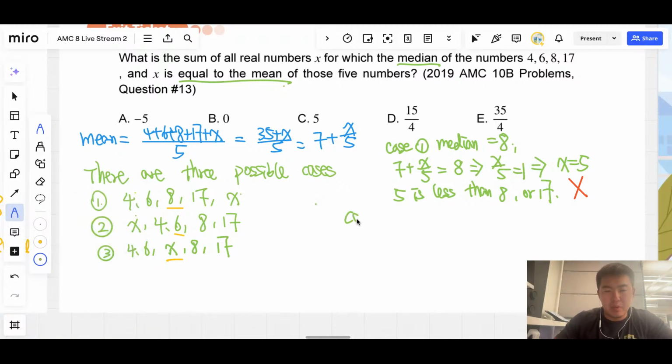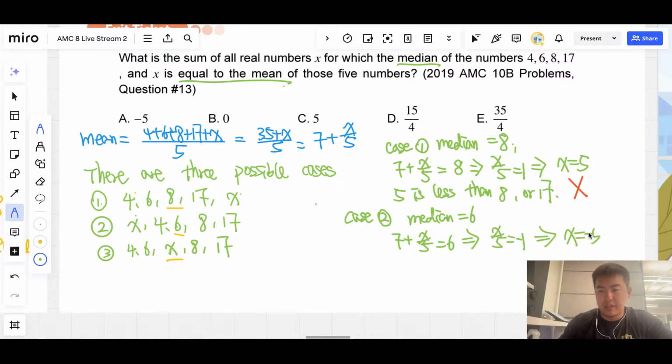All right, cool. So let's try case number 2. For case number 2, we have the median equal to 6. This means we can set up the equation as (7 plus x) over 5 equals 6. This tells you x over 5 equals -1, which is the same as saying x equals -5. All right, let's plug in the value to test if this case is applicable.